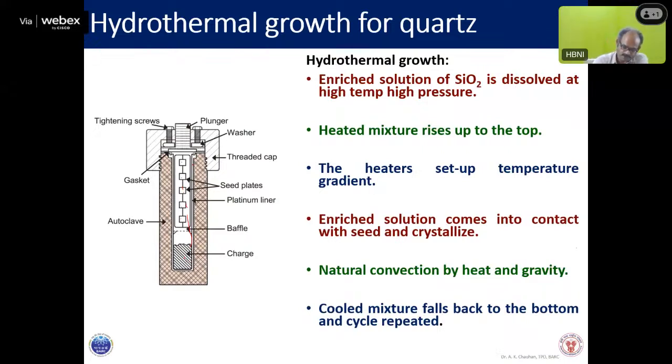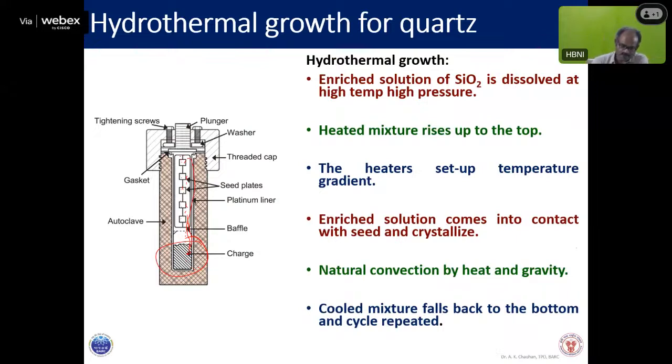So the temperature is high, it goes up and up. When it comes into contact with the seed, some part gets crystallized, the other part goes here, and afterwards the temperature is reduced, and through this side it comes back and falls here, and again you have a heater here, or the heater is actually everywhere, but the temperature is high here.